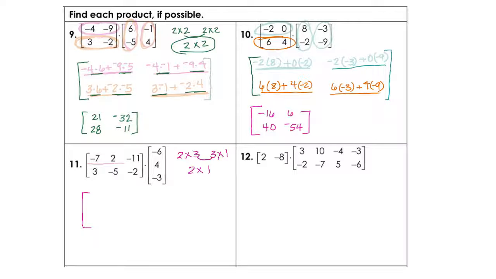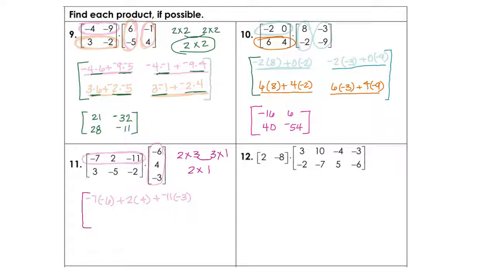And again, you're going to take that whole first row, and this time you've got more than 2 elements there, and that's okay. You just extend it to however many times this column here. And so when you multiply, you have negative 7 times negative 6 plus 2 times 4 plus negative 11 times negative 3.